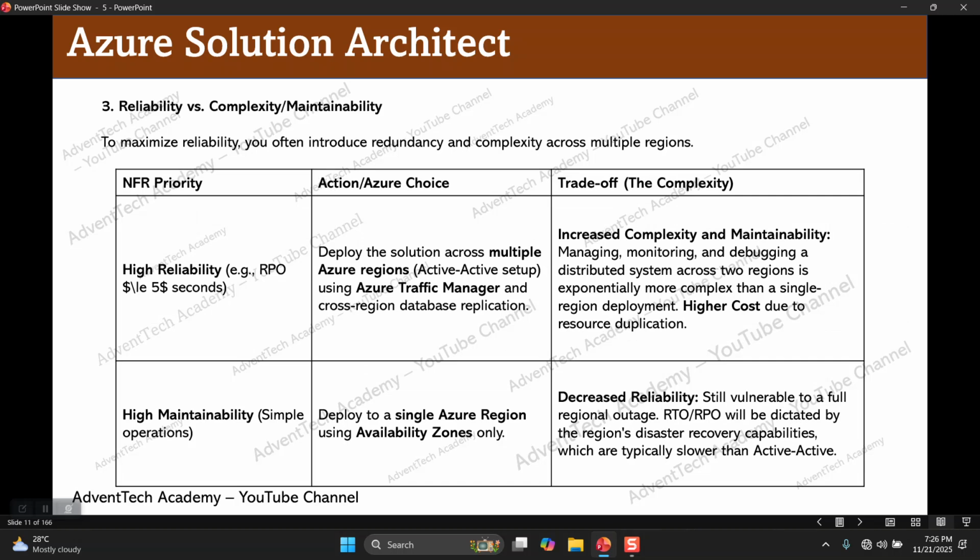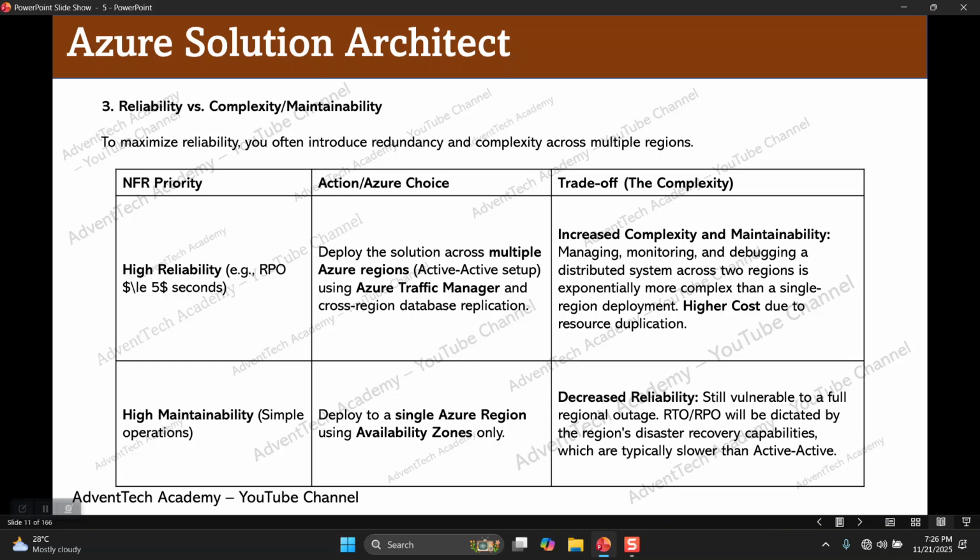The other one is reliability with complexity and maintainability. To maximize reliability, we often introduce redundancy and complexity across multiple regions. If the NFR priority is high reliability, like RPO is less than 5 seconds, then for high reliability we need to deploy the solution across multiple Azure regions, like an active-active setup.